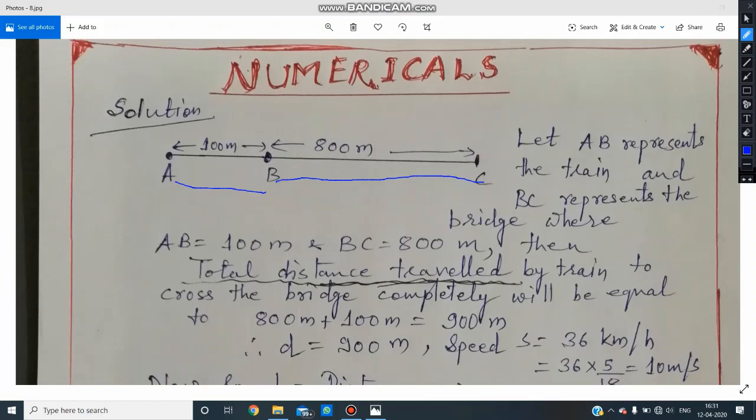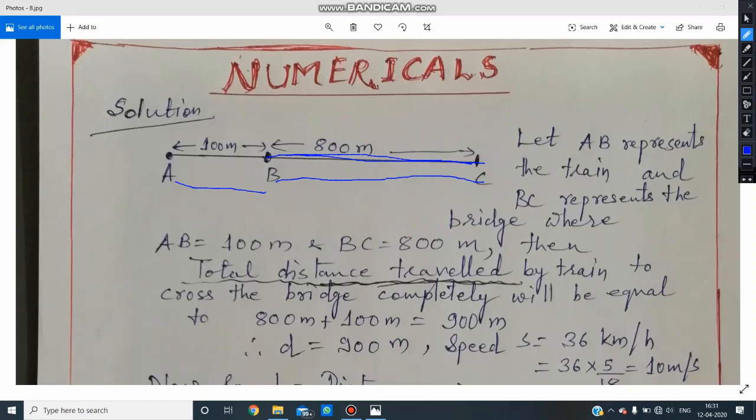On entering the bridge at point B, firstly the front part of the train will be covering this BC length, and unless the complete length of the train passes through this complete bridge, we cannot say that the train has fully crossed the bridge.